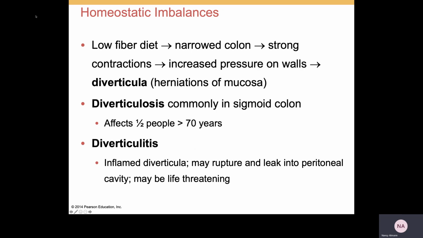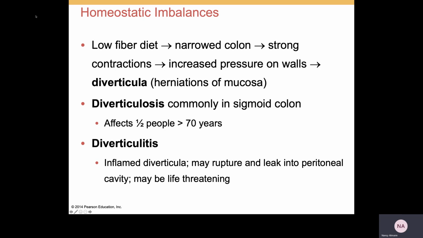If you have a low fiber diet, that over the long run leads to a narrow colon, which leads to strong contractions, which leads to increased pressure on the walls, which may cause these herniations of the mucosa known as diverticula. Diverticulosis is commonly in the sigmoid colon, and affects about half the people that are 70 years or older.